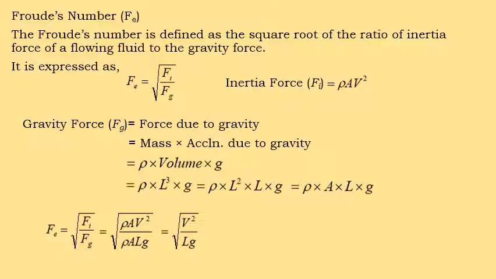The remaining term is the square root of V square by L g. So the square root of V square we can write as V, over the square root of L g. That is the expression for Froude's number Fr. So that is one more dimensionless number.